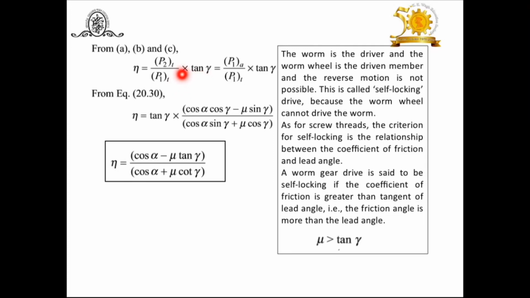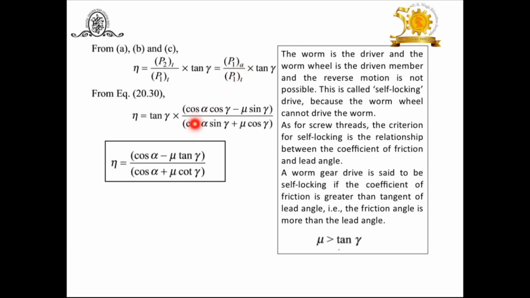Now the tangential force on the worm gear is nothing but the axial force of the worm, and substituting it, P1A upon P1T into tan gamma, we get the axial component of the worm and the tangential component of the worm. We have already seen this in the force analysis of the worm gear drive.